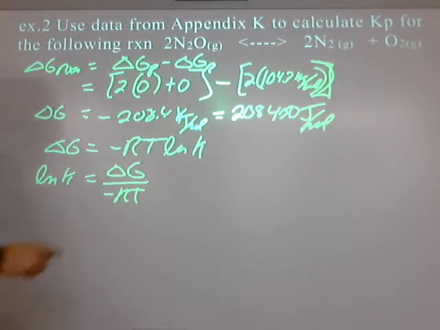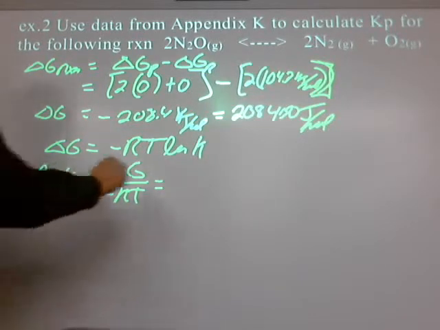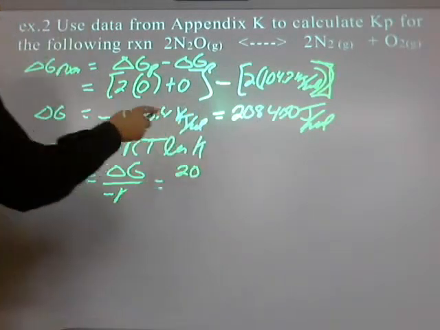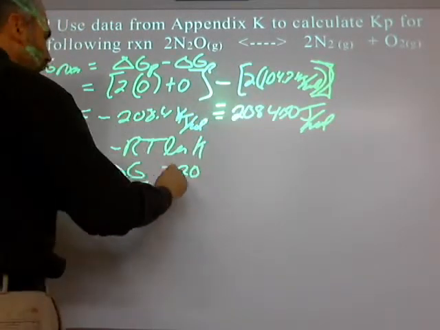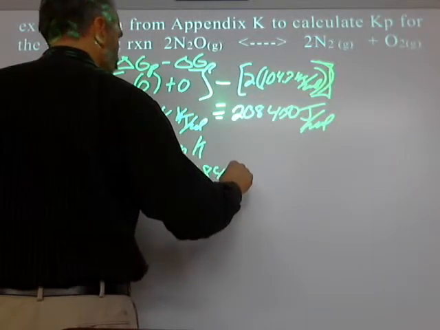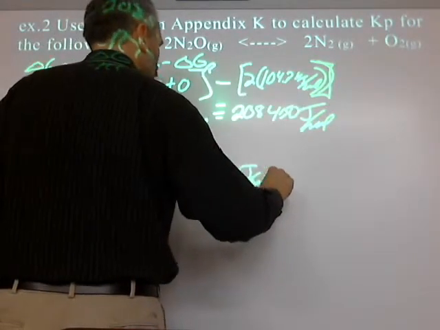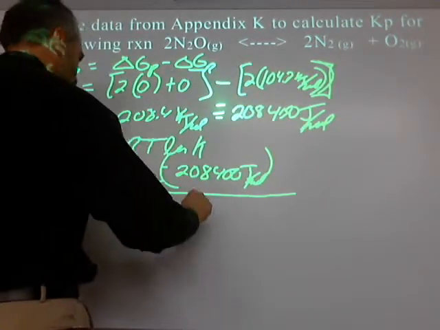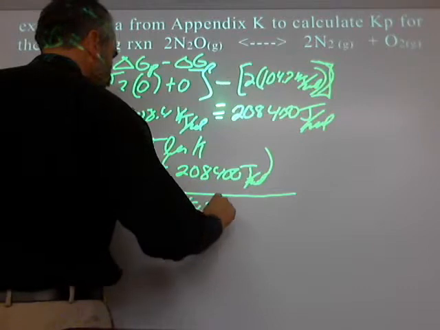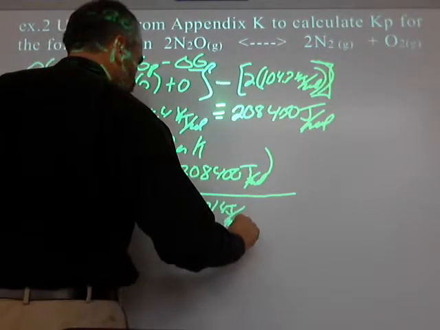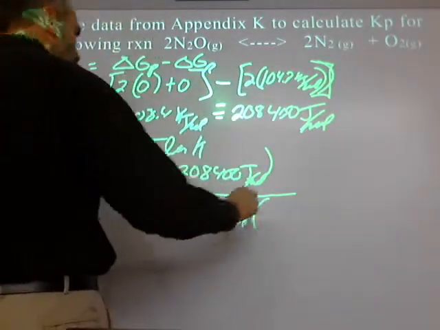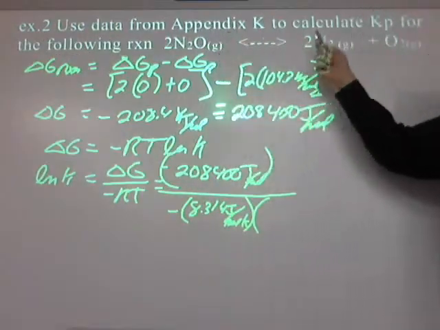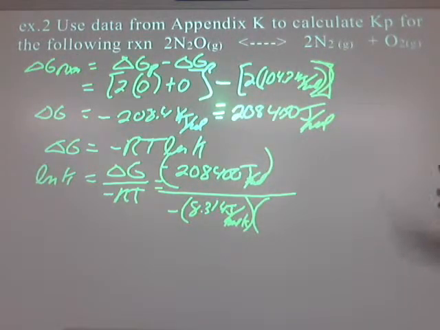So let's plug my numbers in, and then we'll have to take the inverse natural log of this. Okay, so delta G is 208. By the way, was it positive or negative? It was negative, wasn't it? Negative 208,400 joules per mole over negative 8.314 joules per mole Kelvin times, if I'm using appendix K, notice this problem never said what the temperature was.